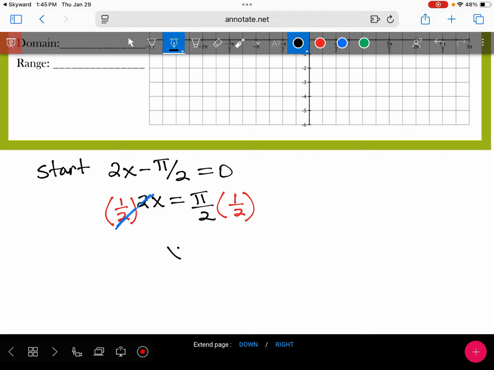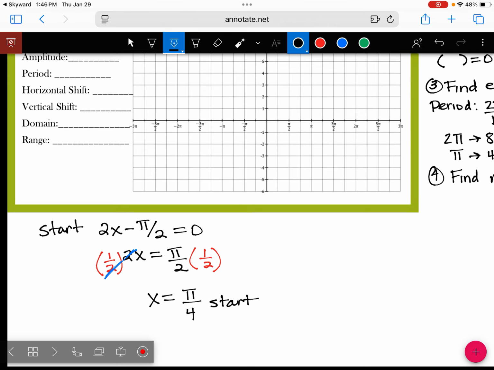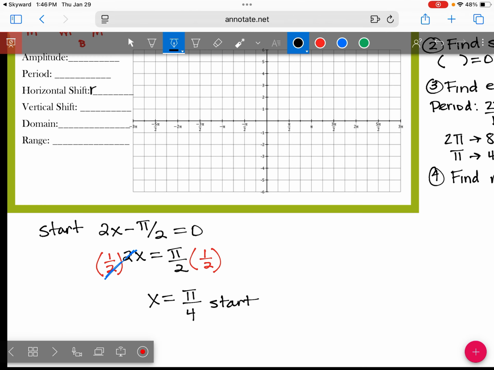So x equals, and you multiply across, pi over 4. So that's where I'm going to start my graph. This is my start. So where it says horizontal shift, can you write that it's going to go right pi over 4?